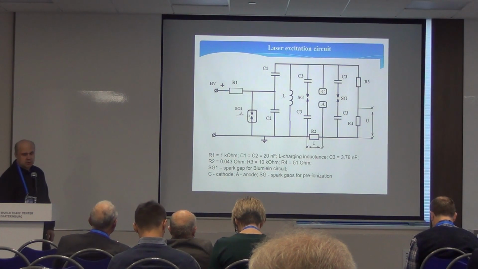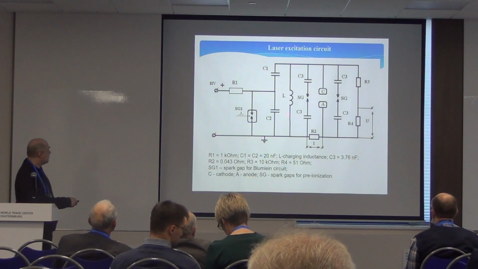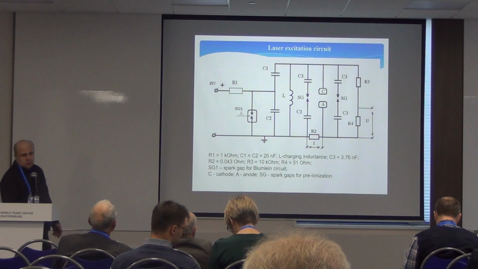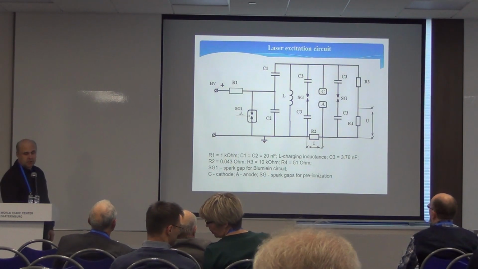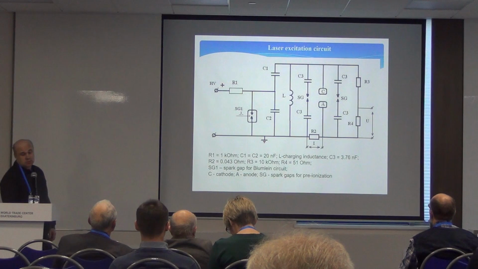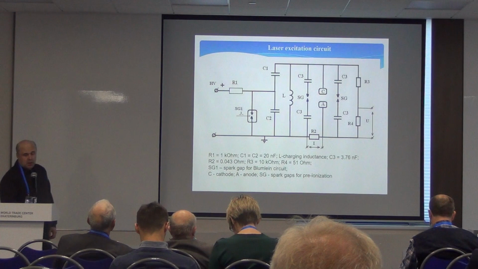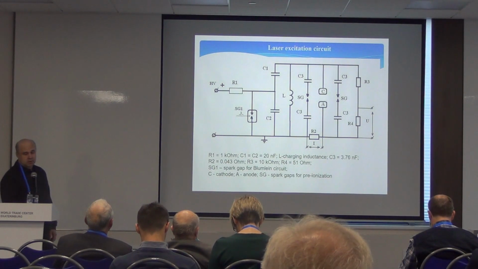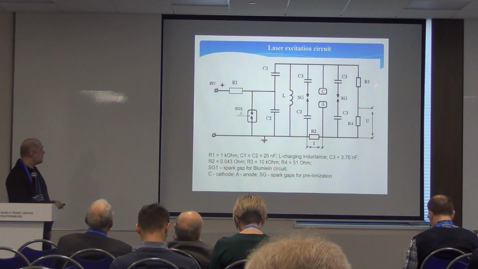For this purpose we used a Blumlein circuit, which forms the pulses with a front of 50 nanoseconds, which are applied to the discharge gap. For creating the pre-ionization in the discharge gap, we used auxiliary spark gaps on both sides of the discharge gap.